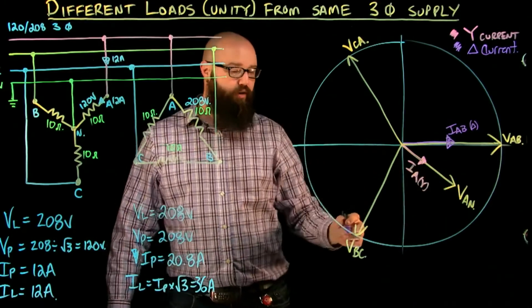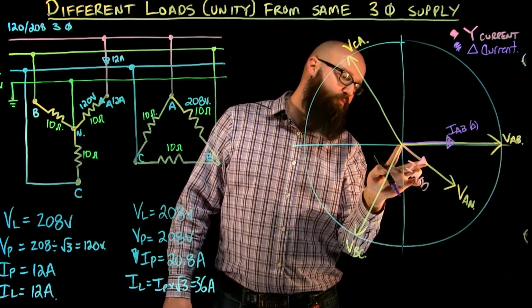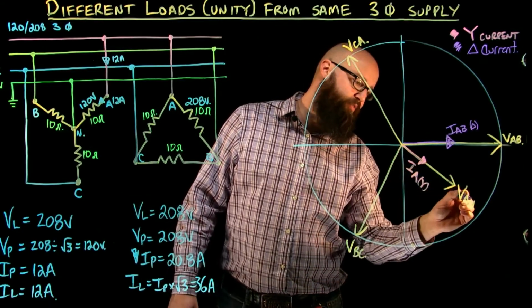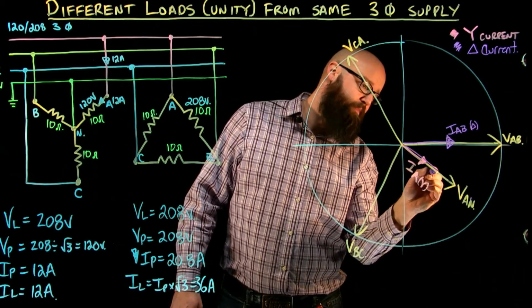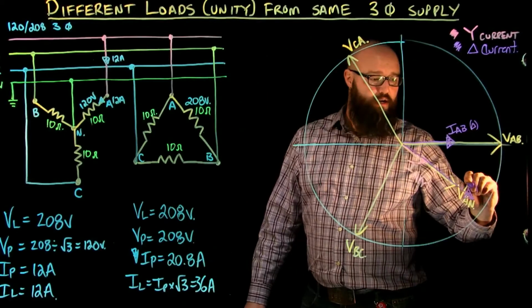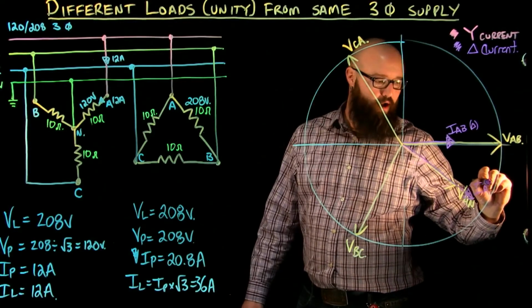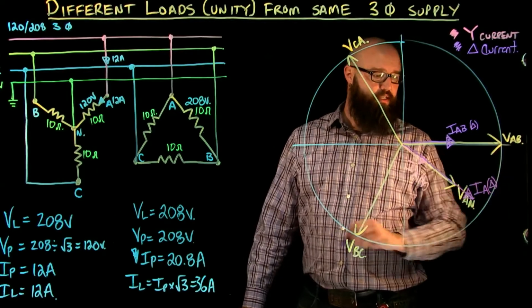So let's plot it on there. 36 amps should be about 3 times the length of this one, right about there. There we see our I line A for our delta system.